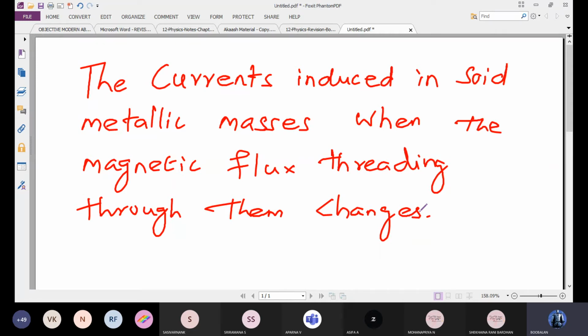The uses of eddy current: electromagnetic damping, electric brakes, speedometer, induction motor, electromagnetic shielding, inductothermy, energy meters. So these are the uses of eddy current.